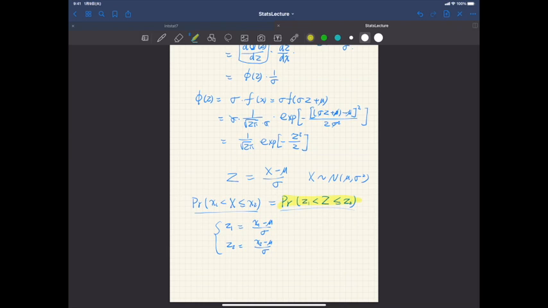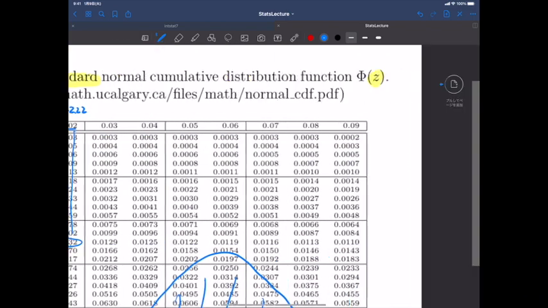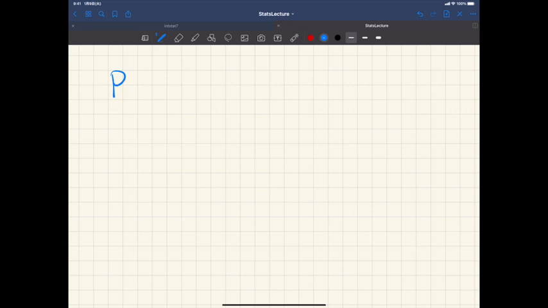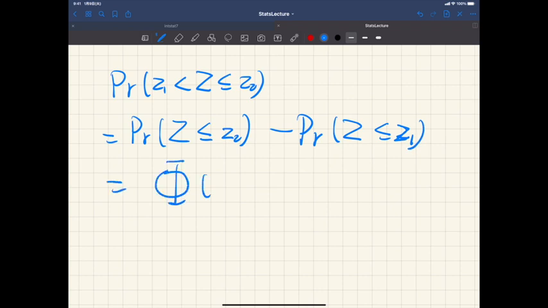In that case, if you recall the axiom of probability measure, axiom 3, this probability can be written as the probability that z is less than or equal to z2 minus the probability that z is less than or equal to z1. So that is phi z2 minus phi z1.